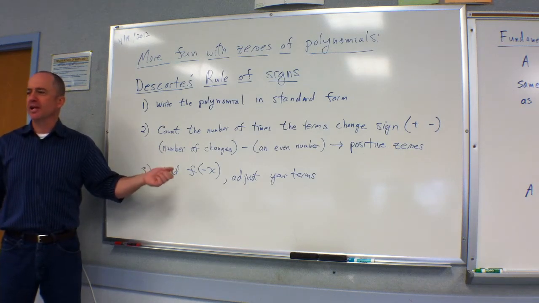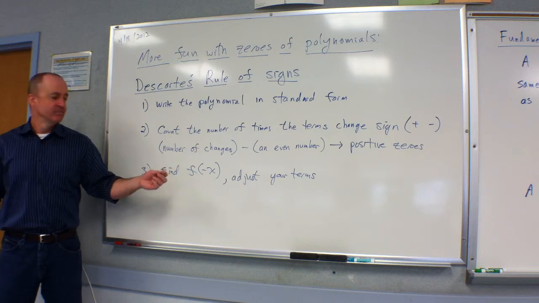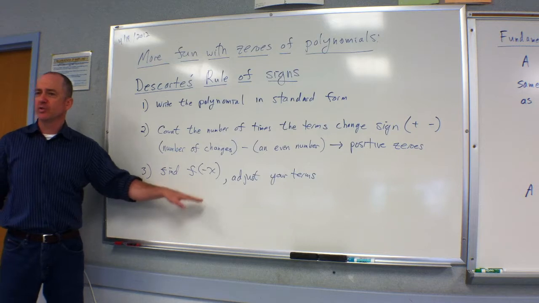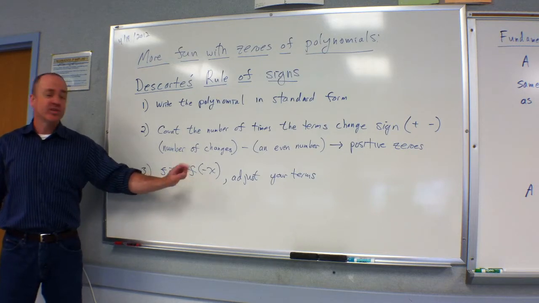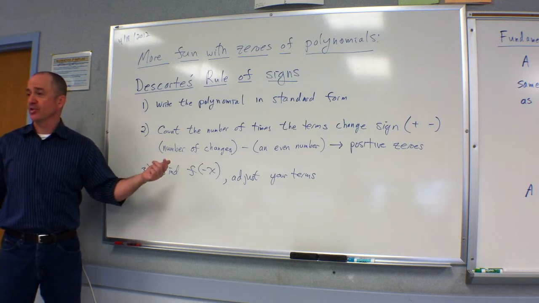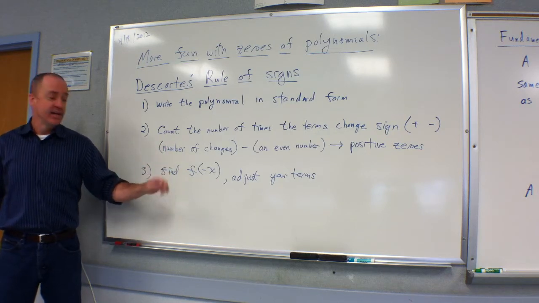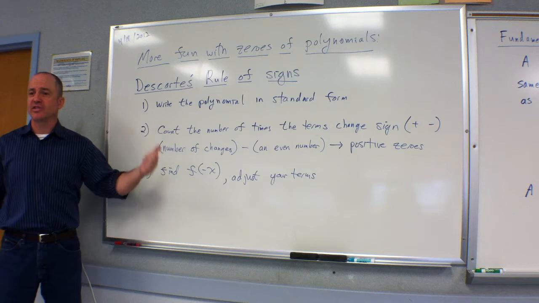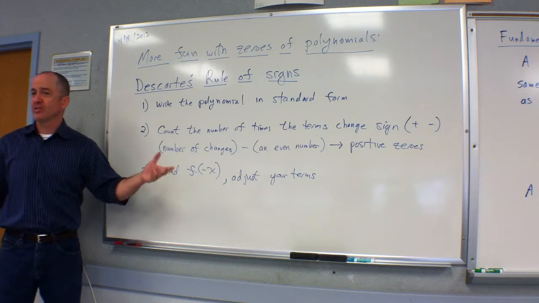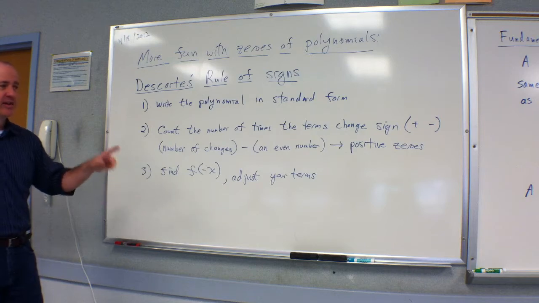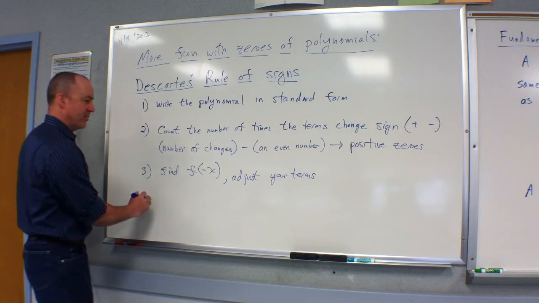What happens when you cube a negative? Negative. So if you put a negative x into a term that's cubed or to the first power, that's going to switch the sign of that term. If it was positive, it'll make it negative. If it was negative, it'll make it positive. If you put a negative x into something to the second or fourth power, that won't change the sign, because it'll stay positive or stay negative. Again, I'll do an example for this.